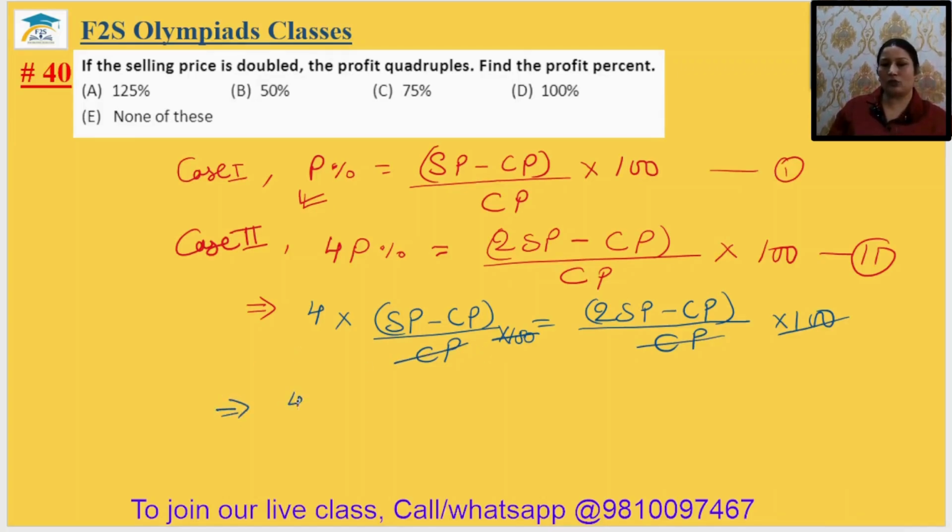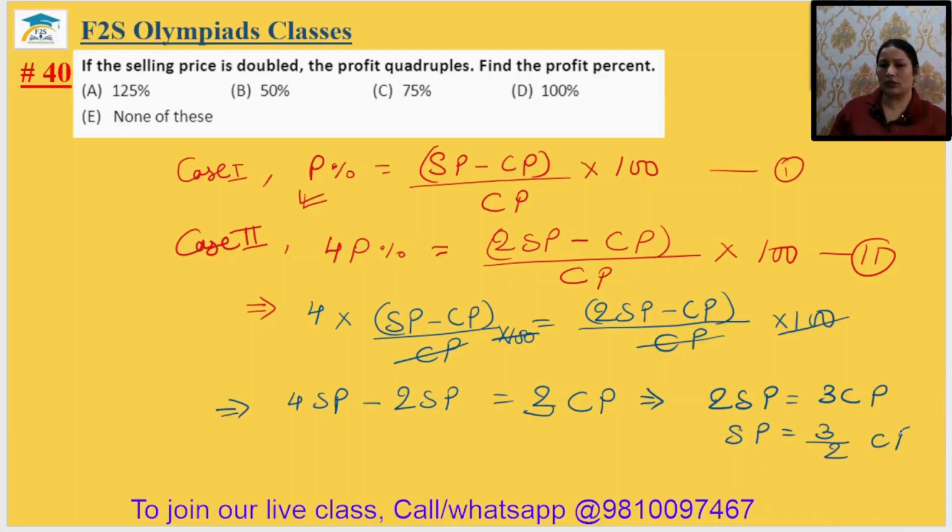Here it will be 4SP minus 4CP equals 2SP minus CP. 4SP minus 2SP equals, this side goes, so 3CP. It will be 3CP. So we can write 2SP equal to 3CP. It means SP equal to 3 by 2 CP.